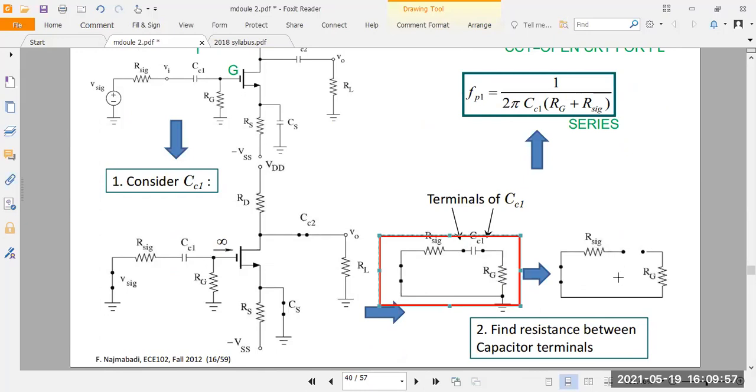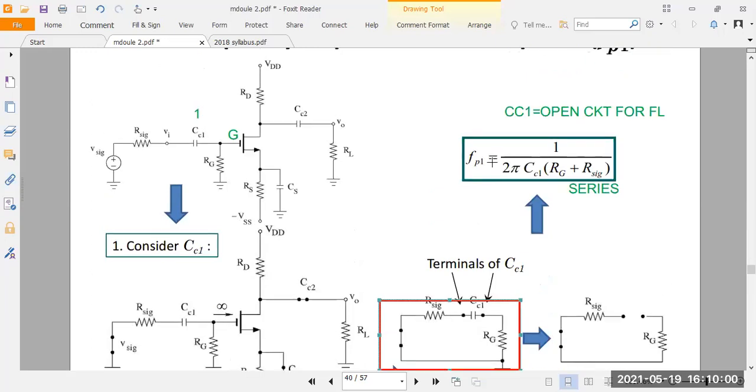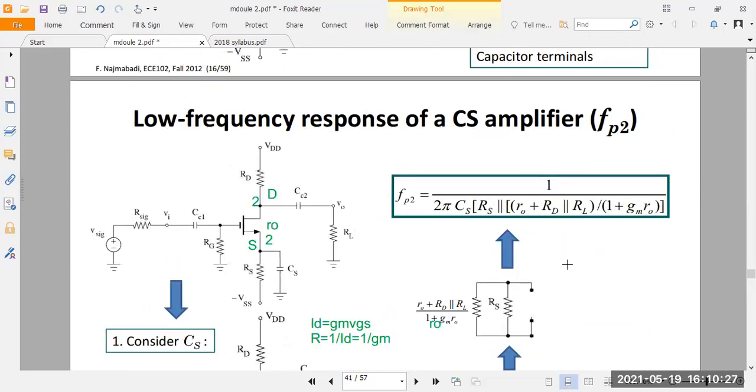So you can write the frequency equation: 1 divided by 2 pi RC, where R is the series resistance RG plus R signal, multiplied by the coupling capacitor CC1, the total input capacitance. So FP1 is 1 divided by 2 pi CC1 into RG plus R signal. Next, you take FP2, the second pole frequency. Here you take R0.